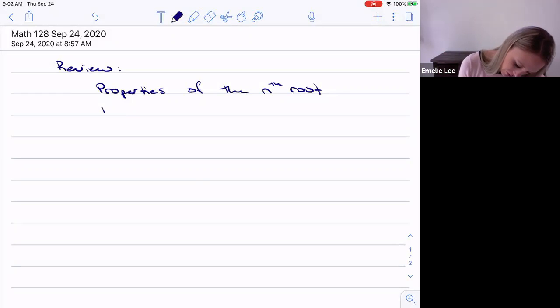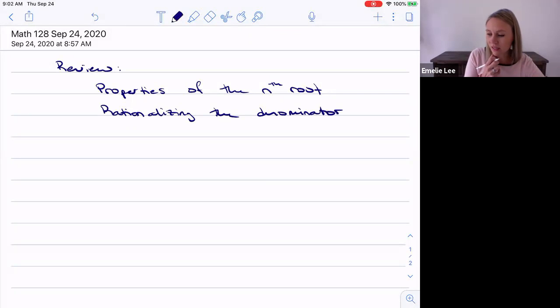We also talked about rationalizing the denominator. That's where we did a little bit of work to make sure that there's no root in the denominator.